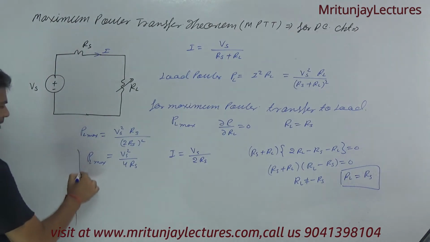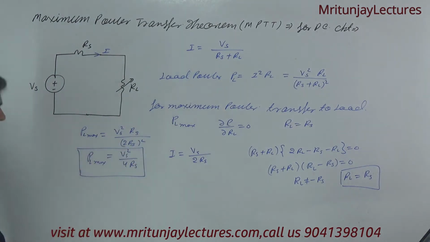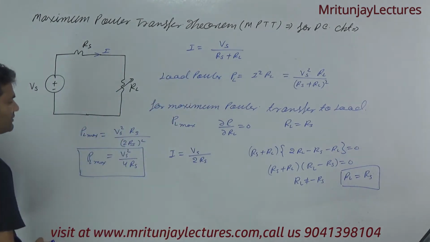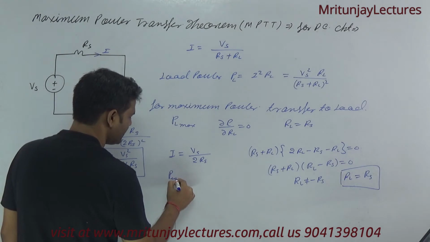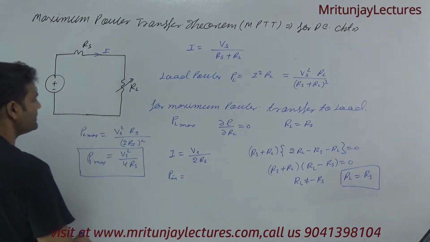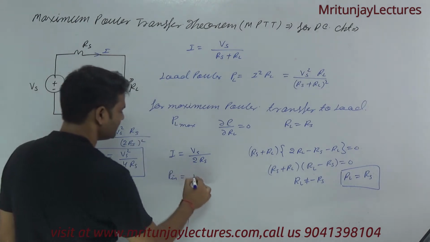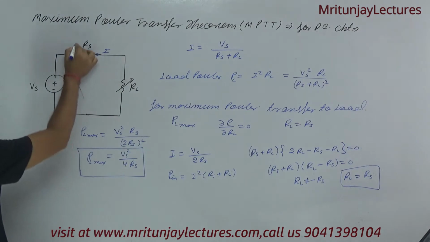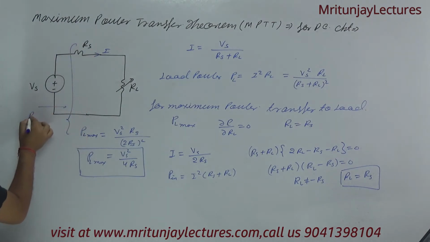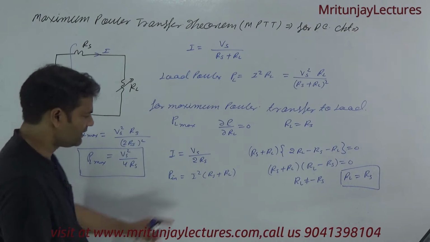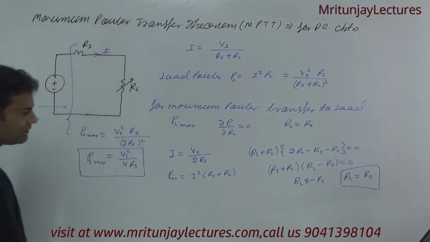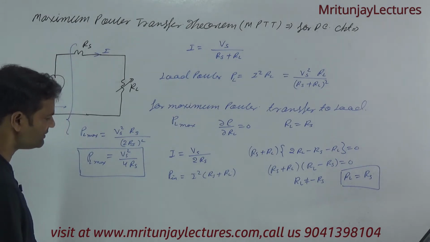Clear? Now, corresponding to the question, we also determine, first of all, the input power. Input power P input is written as I square into (Rs plus RL). So what about efficiency?